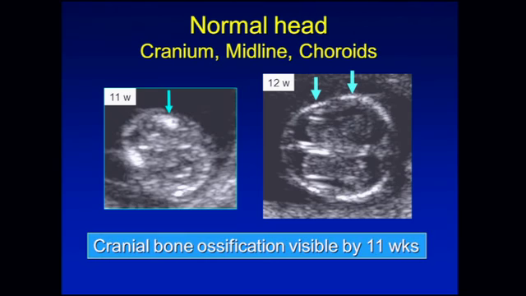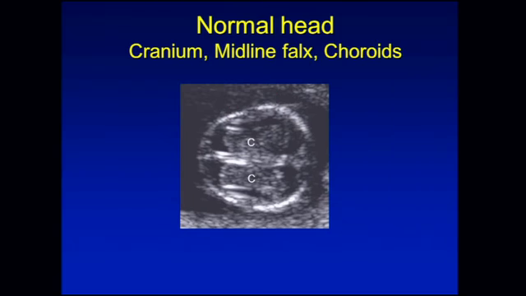Since cranial bone ossification is visible by 11 weeks, we therefore should be able to diagnose acrania after 11 weeks gestation. In this image, we can also see the midline falx and also two choroids filling the lateral ventricles.